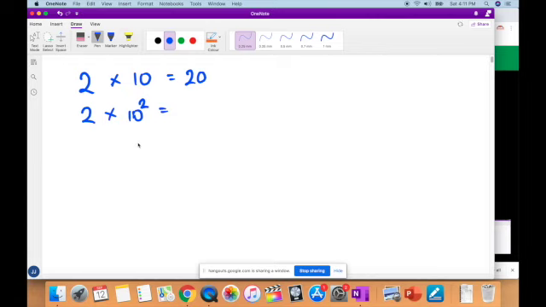Caitlin? Are you overthinking? What is 10 squared? That'll be 40. 2 multiplied by 10 squared. What is 10 squared?